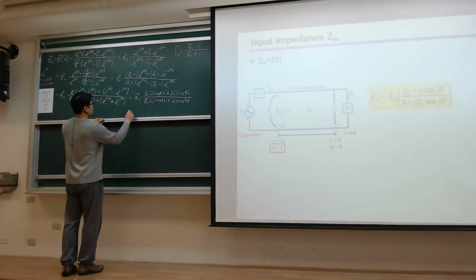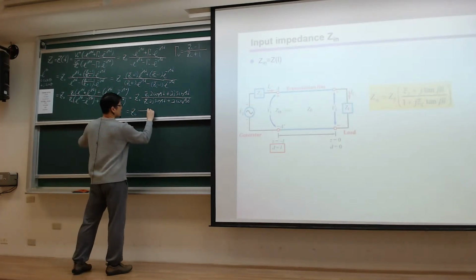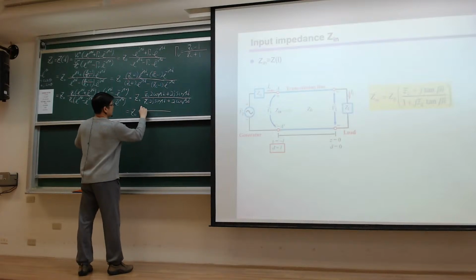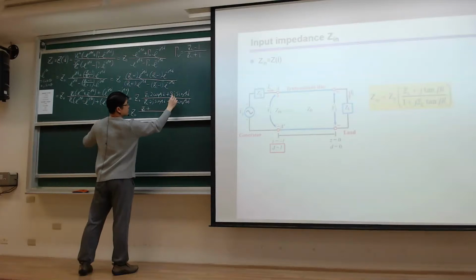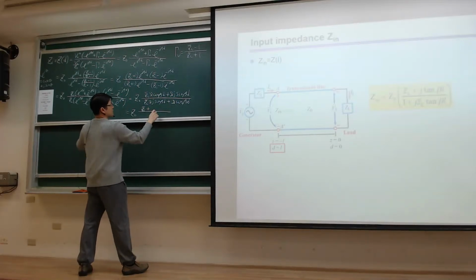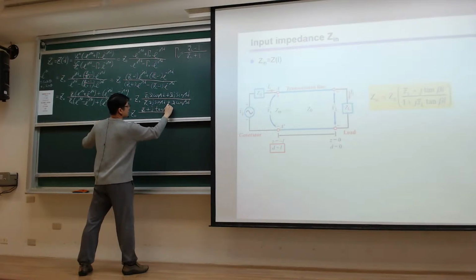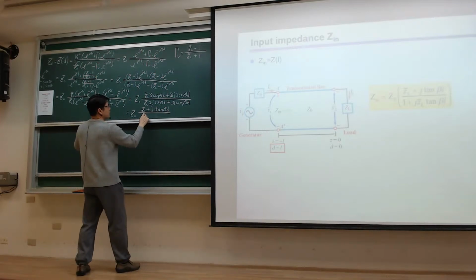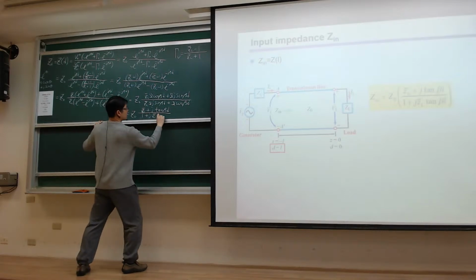Right, so in the end, this is Z0 times (normalized load plus, and then we can divide by 2, right? 2 cancels out. j tangent βd) over (the real part, 1 plus j Z load normalized tangent βd).